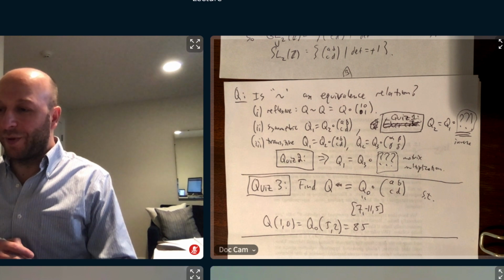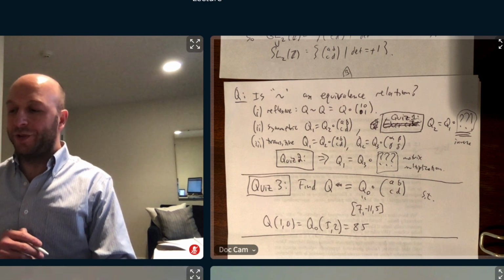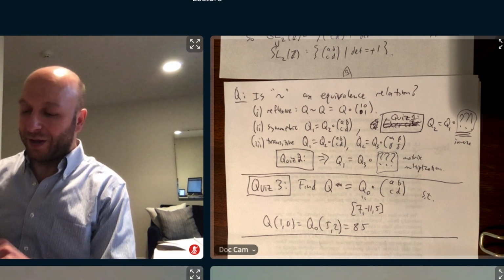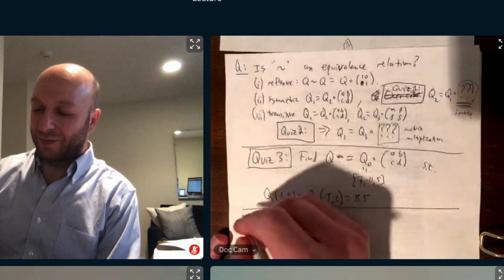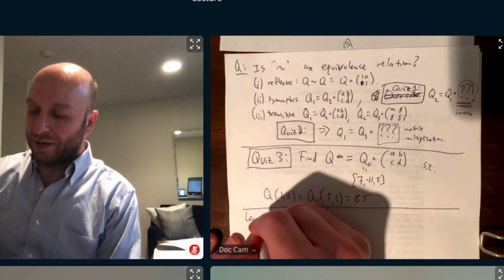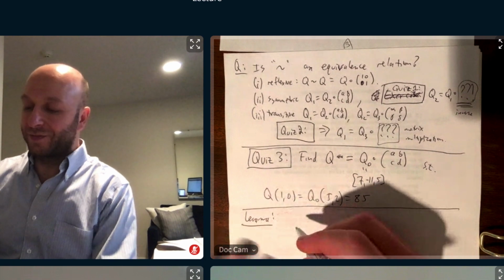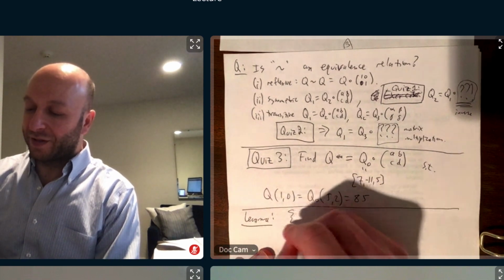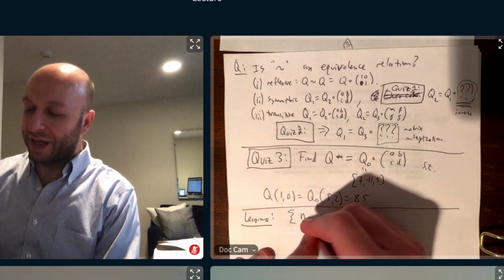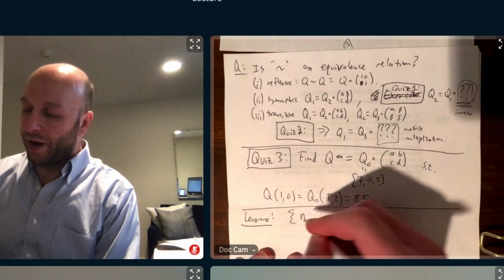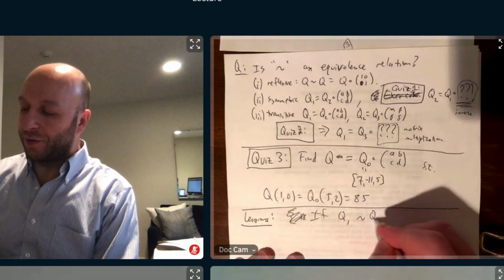So we've been finding these equivalent Qs, and then here's the lemma, the main lemma, or maybe main theorem. Let's say Q1 is equivalent to Q2.